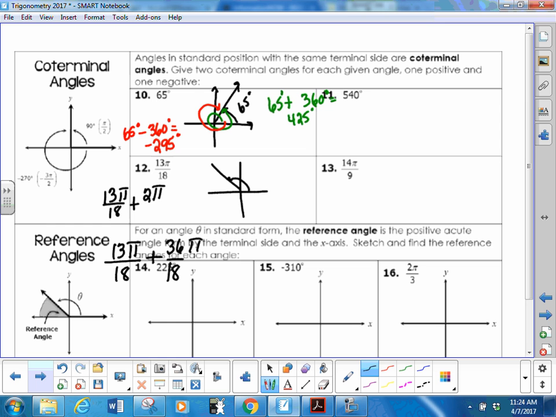Isn't 36 over 18 the same thing as 2? So what I did is I said 1 times 18, 2 pi times 18 to get the correct fraction. And then when I added those together, I get 49 pi over 18.